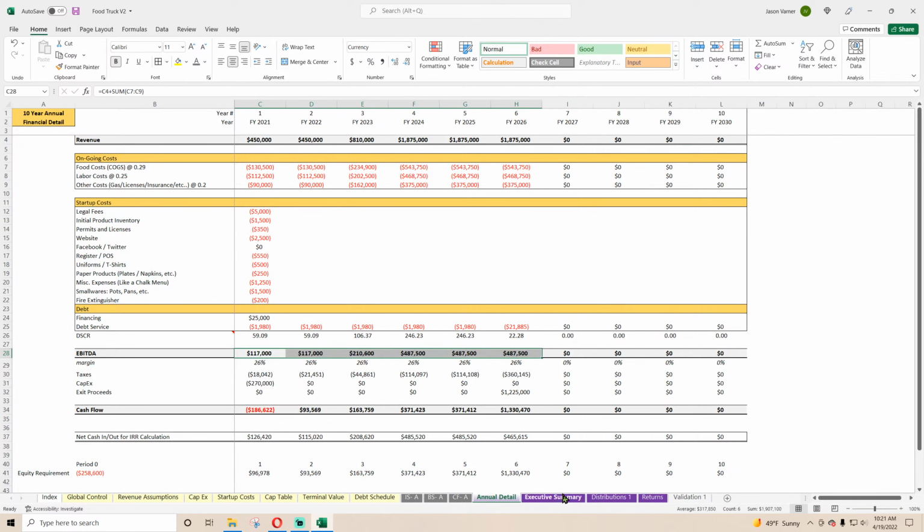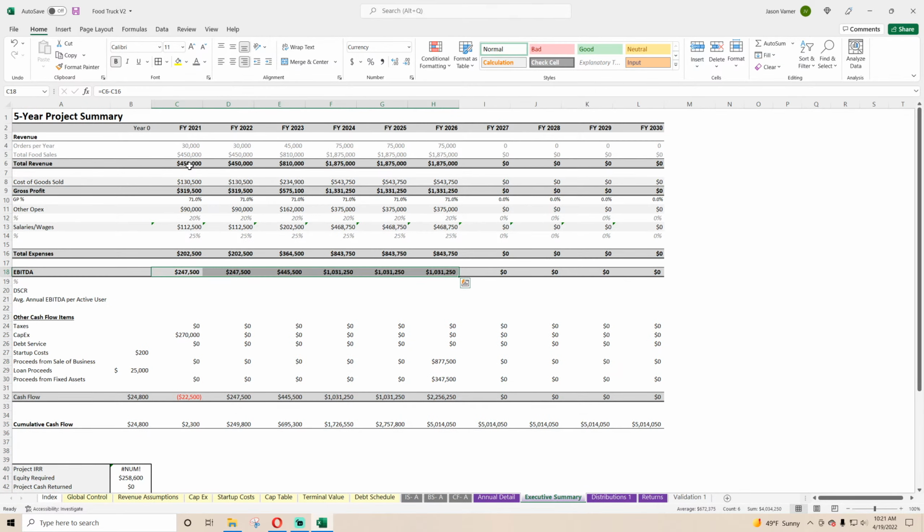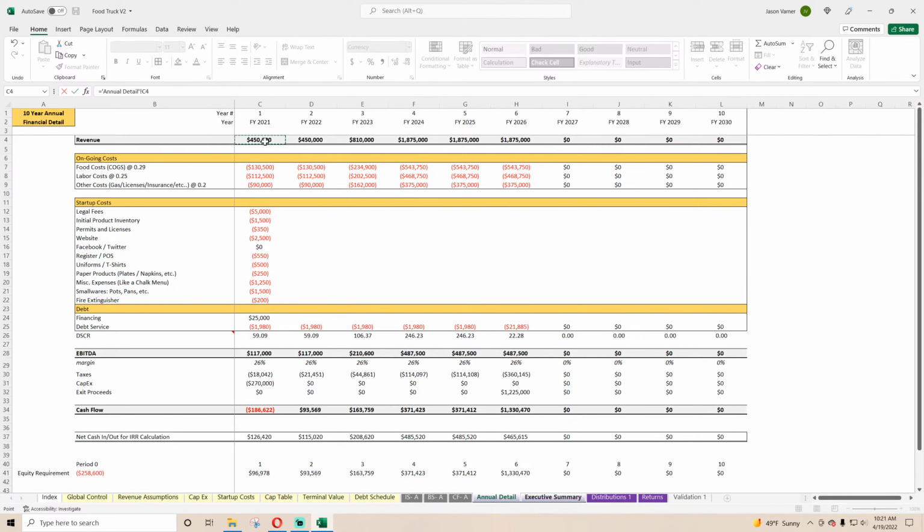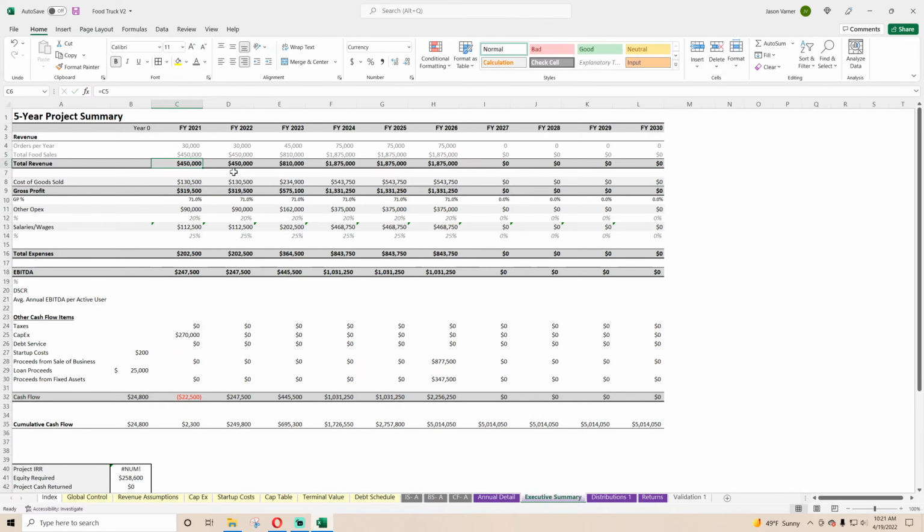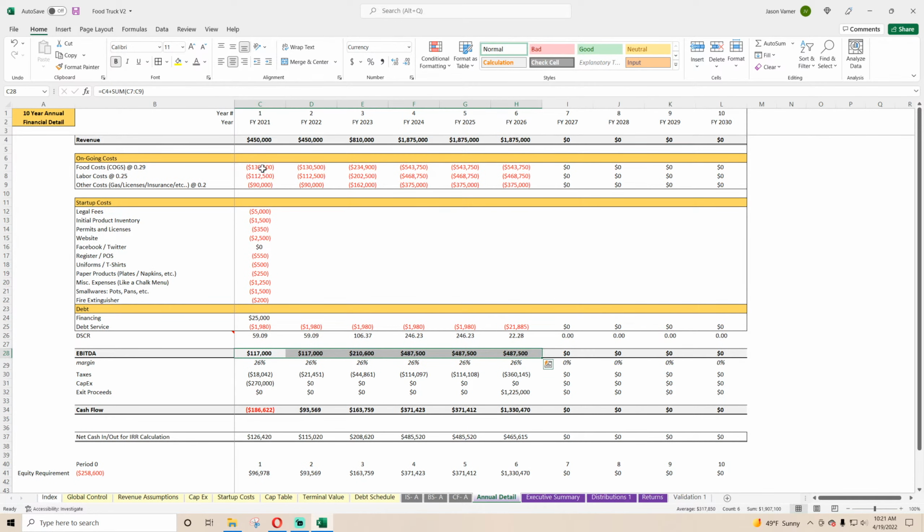No, it does not. We're off by something. Let's see. Revenue. Make sure this is right. Yep. We might be missing a cost. So we have 8, 9, 7, 8, and 9. Yeah, that's all this.